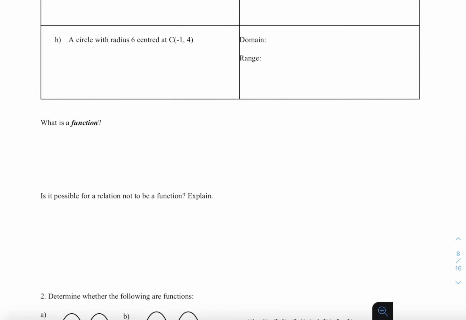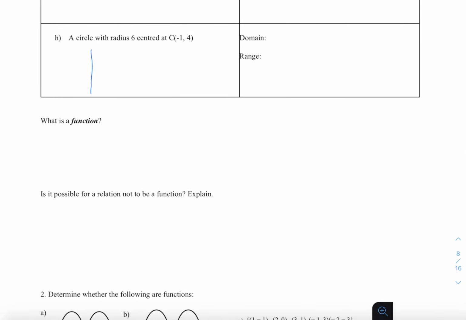All right, what about a circle with radius 6 centered at (-1, 4)? Let's draw a little sketch. If my center is at (-1, 4), I know if I add 6 units to -1, this goes out to 5, and it's going to go down to -7.